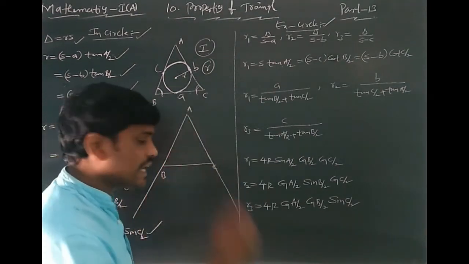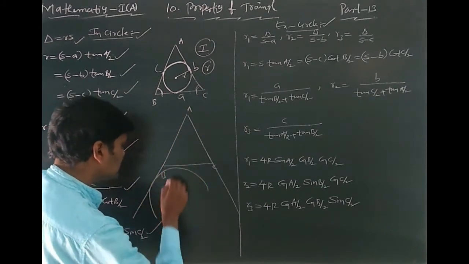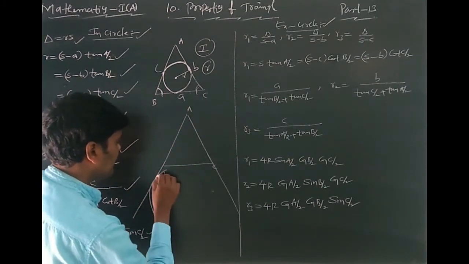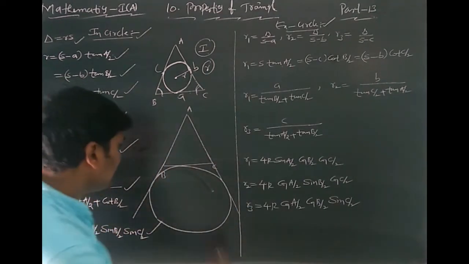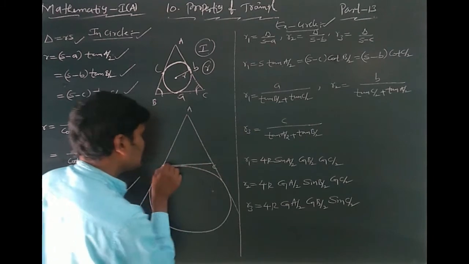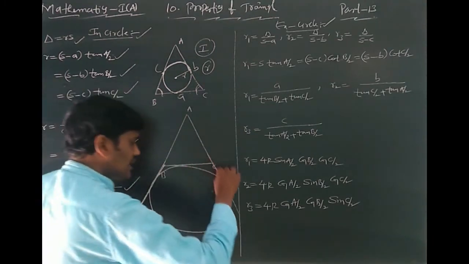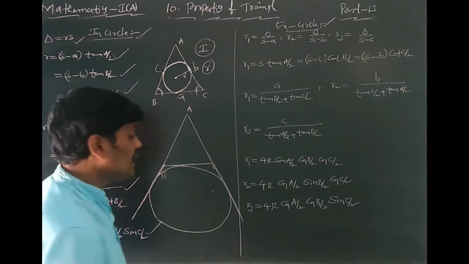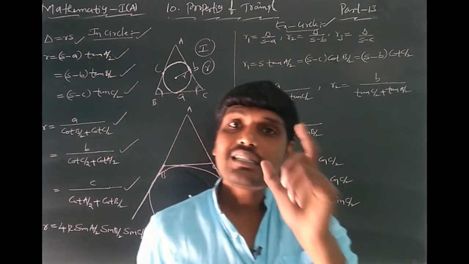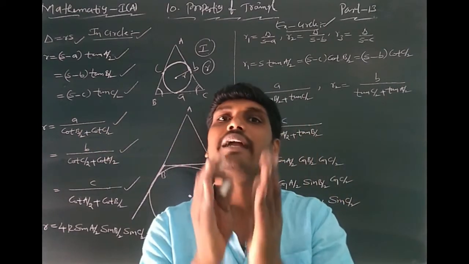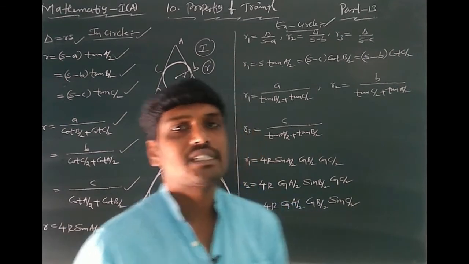If any circle touches one side internally and the remaining sides externally, here the BC side touches internally, and the AB side and AC side touch externally, this circle is called an ex circle. In this ex circle, one side touches internally and the remaining two sides touch externally.